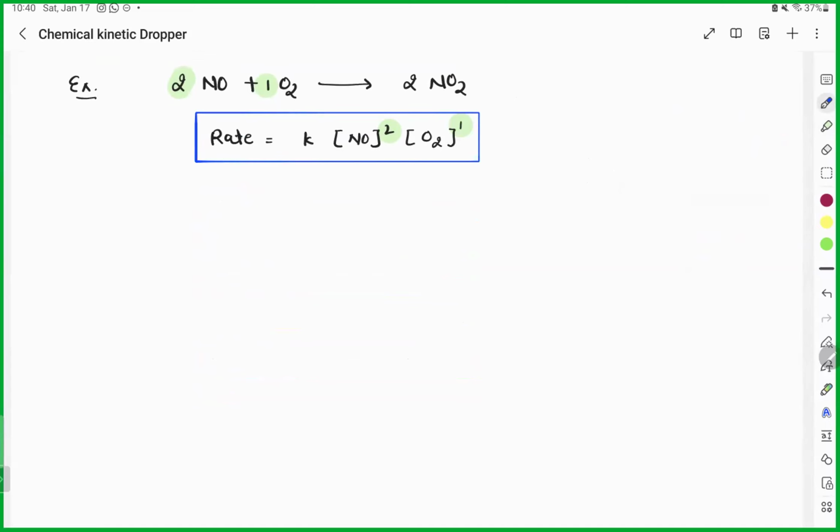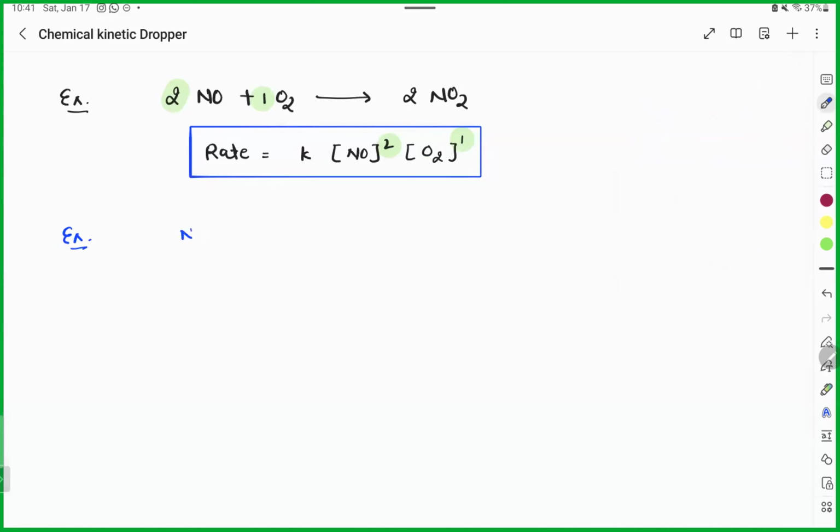Okay. So example, if you have a table, you have initial concentration of NO, concentration of oxygen, and rate, and NO2 formation.